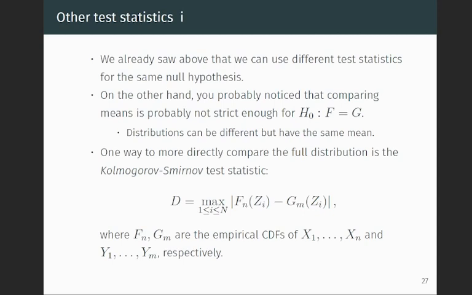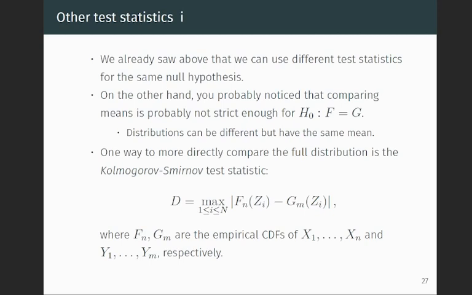And so we can use different test statistics and do the same sort of computation. And so to show you just how flexible permutation tests are, we're going to repeat what we just did, but with a different test statistic called the Kolmogorov-Smirnov test statistic, which is a way to more directly compare the full distributions.